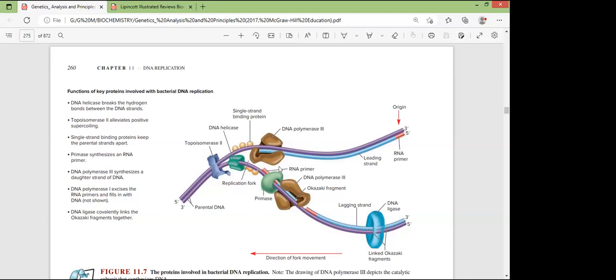And what replicates the DNA? It's the DNA polymerase 3, or just DNA polymerase. It will make the new DNA. And know that DNA is made in a 5' to 3' direction. Just memorize that, everyone.